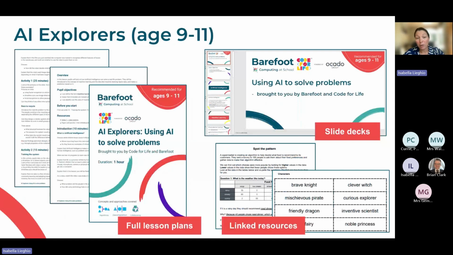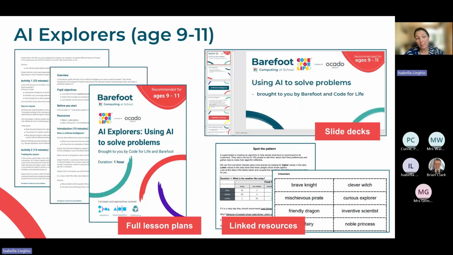This is an example of one of our newest activities for that age range, and it's our AI Explorers activity. So we release a few new activities every year. And I just wanted to show you here that when you download an activity, particularly one for 5 to 11-year-olds, it will come with everything you need to deliver that lesson.